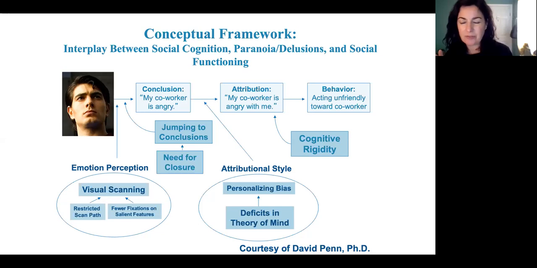Maybe he seemed confused. Maybe he was confused by that, right? That's why he kind of has that scrunched eyebrow, right? A person with paranoia and delusions has been shown to not really be able to take that step, right? Nor would they be able to take the step of, well, if he is angry, maybe he just had an argument with his partner, or maybe his coffee tasted bad. There's just that piece where the person just can't step into another person's shoes, right?